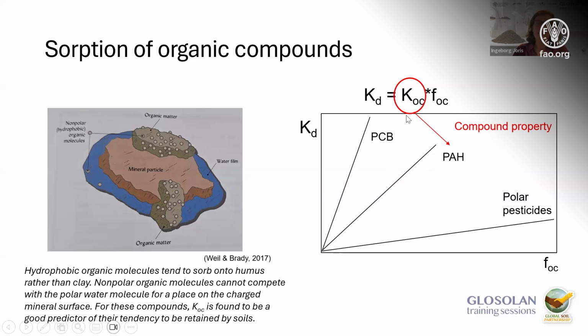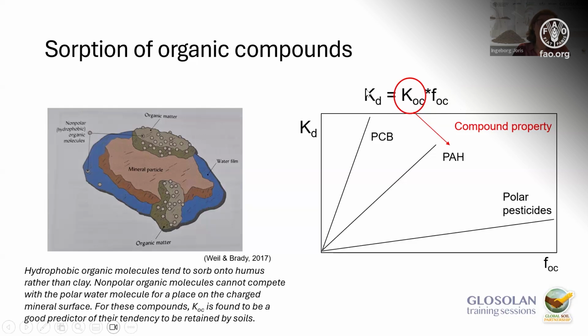What this means is that you have a compound property, the Koc, that describes this tendency to go onto the organic matter phase of the soil. And if you then know how much organic matter you have in the soil, so this is actually the fraction of organic carbon that you can measure in the soil, you have a Kd value. So you know how strong the sorption is.